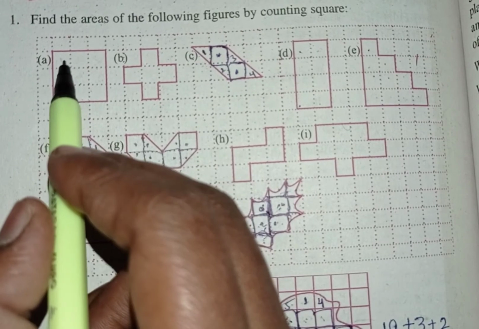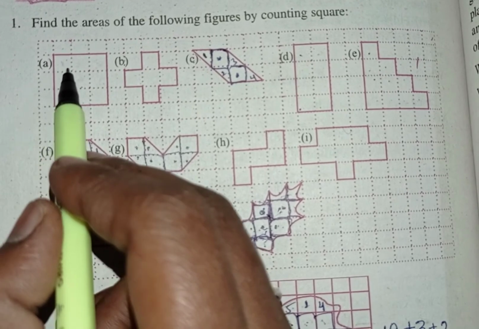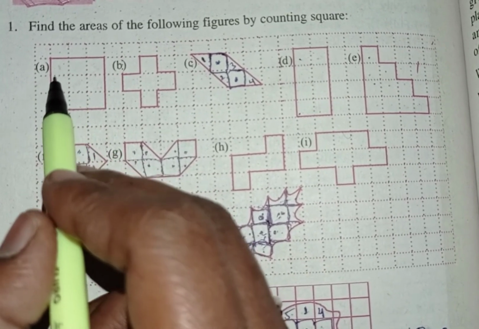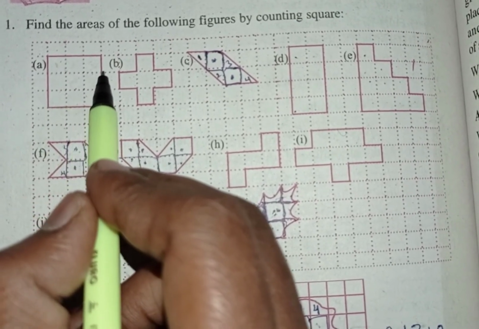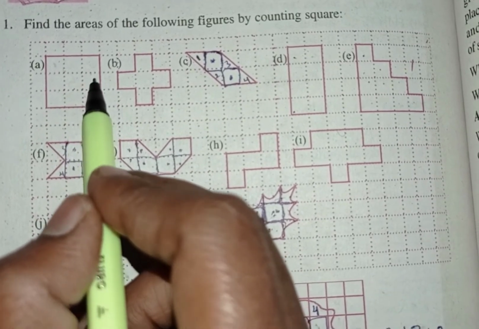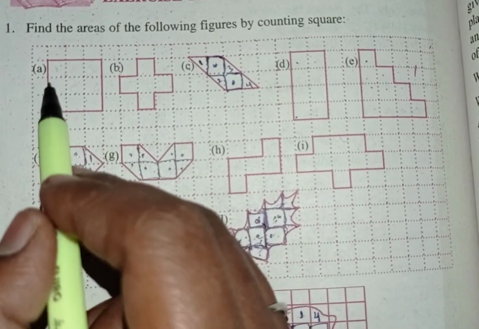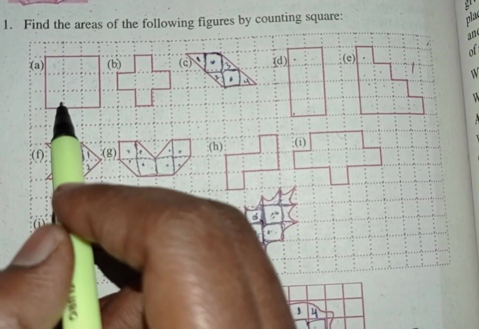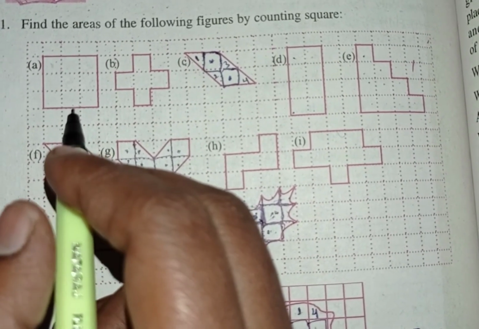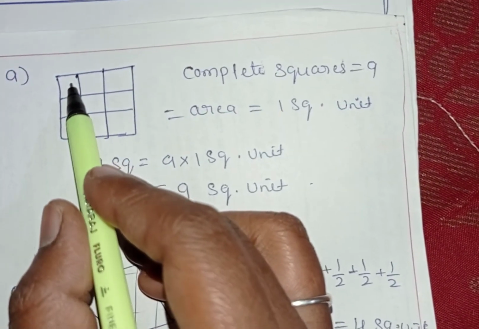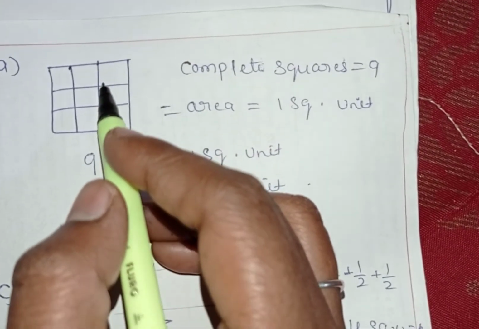Now here it covers full squares, right? Here to here, an imaginary dotted line is drawn. Here to here is 1 unit, this is 2 units, this is 3 units. Counting 1, 2, 3, 4, 5, 6, 7, 8, 9, right? So how many squares does this shape consist of? 9 square units, right? If we draw the first question of exercise 10.2 in a rough sketch, we'll get it like this.